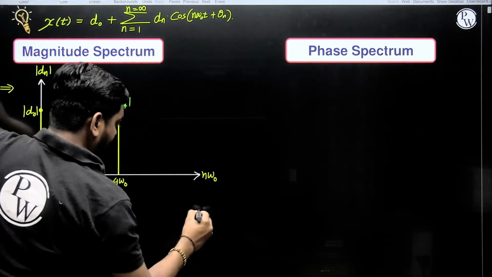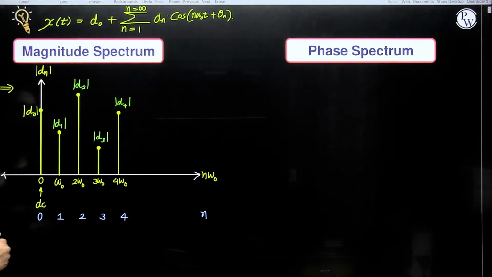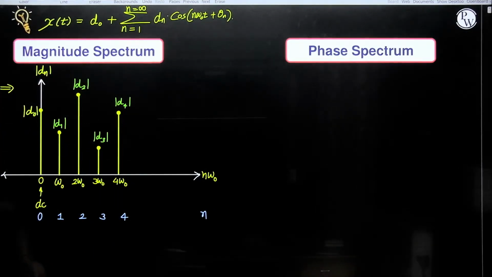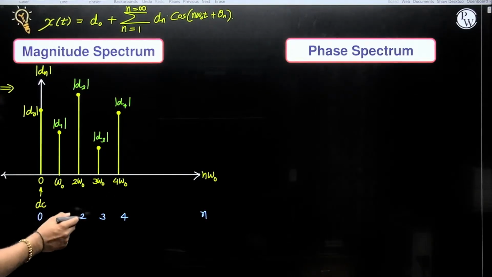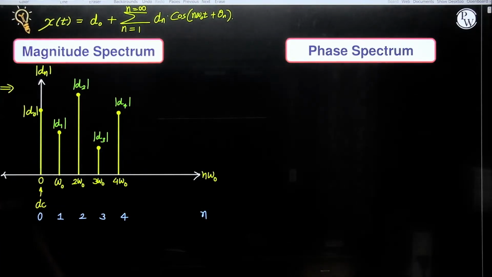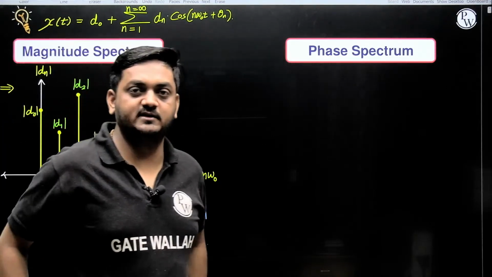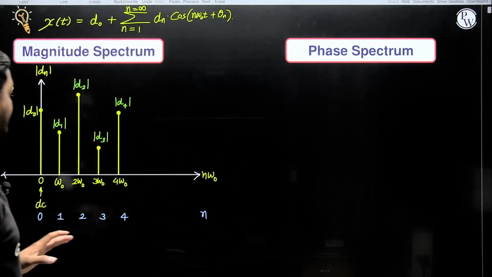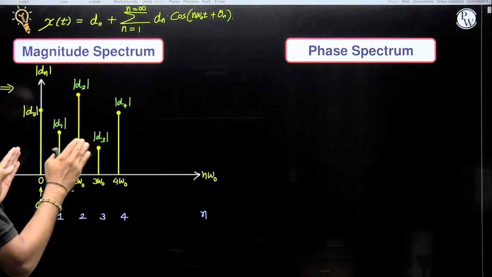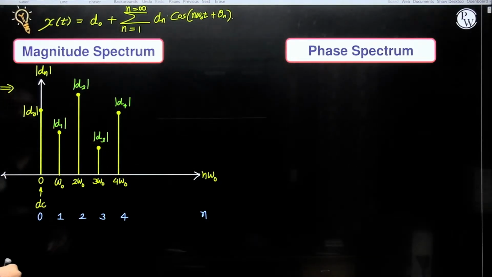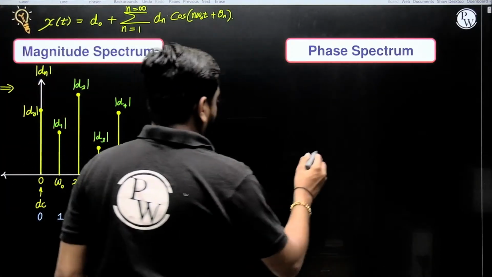If you write here n divided by omega 0, so n is 0, 1, 2, 3, 4: first harmonic, second harmonic, third harmonic, and omega 0 will be given separately. Here Rajesh, the magnitude spectrum is one-sided because n starts from 1 and takes only positive values of n. That's why it is a one-sided magnitude spectrum. And similarly, a one-sided phase spectrum.